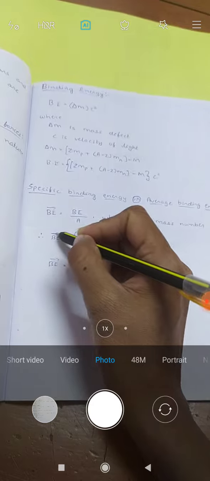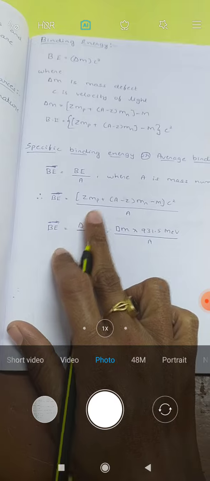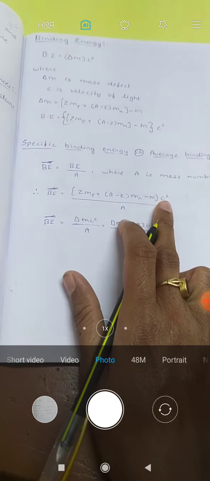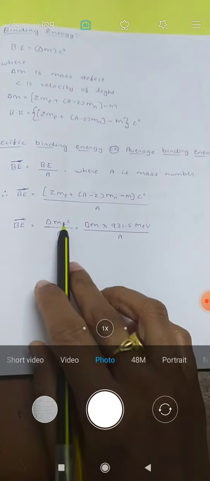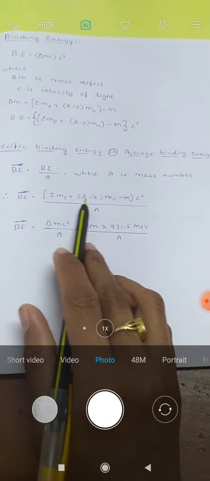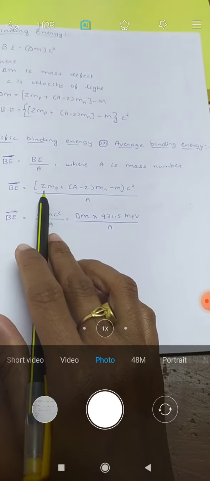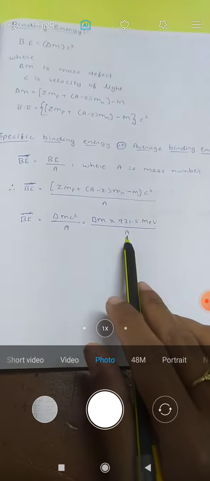Here Be dash is not a vector sign. So Be dash is equal to Z into mp plus A minus Z into mn minus capital letter M, into c square, divided by A. But we know that this expression, Z into mp plus A minus Z into mn minus capital letter M, is taken as the mass defect delta M. So substitute delta M into c square divided by A. Delta M is written as it is, delta M divided by A. Remaining is c square.